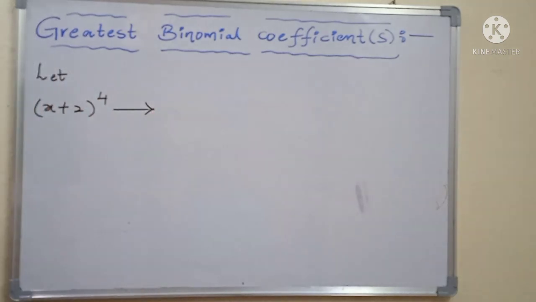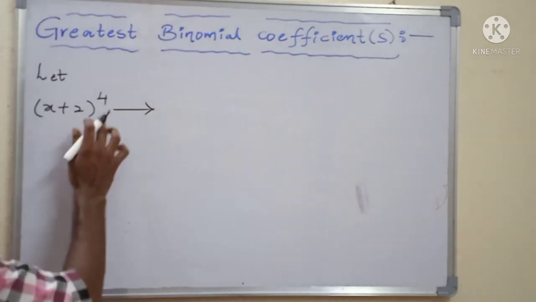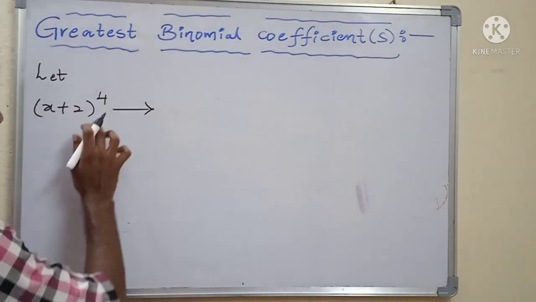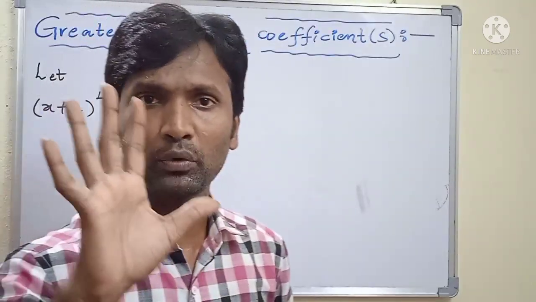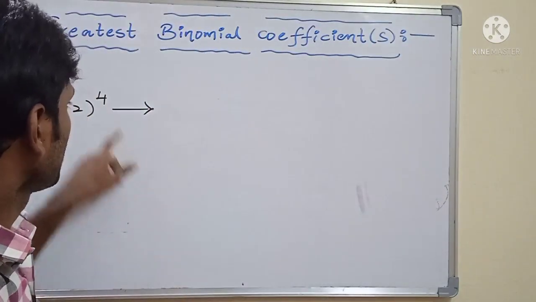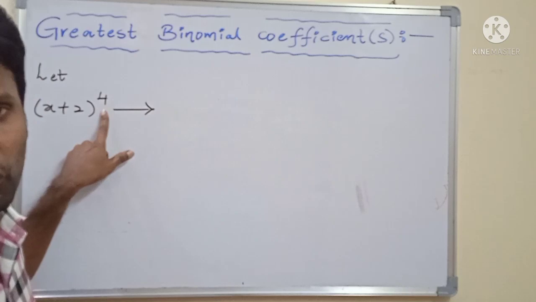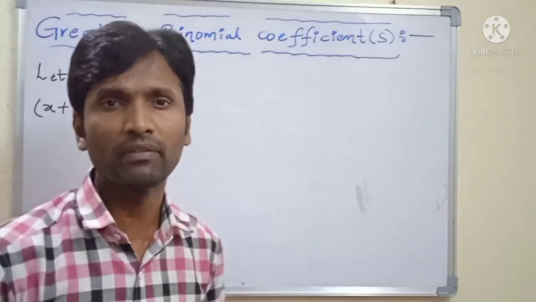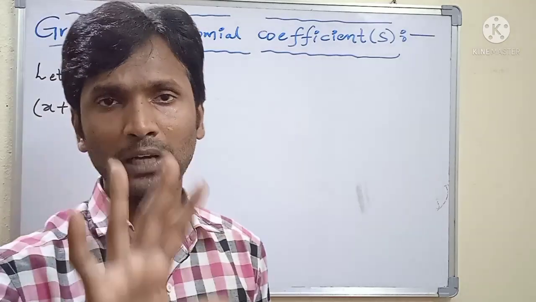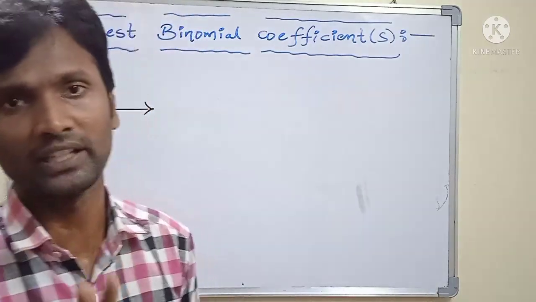Take the first binomial expansion as (x + 2)^4. In the expansion of (x + 2)^4, totally we have 5 terms, because the value of n is equal to 4. If n equals 4, then the number of terms of the given expansion equals n + 1. That means we have 5 terms.